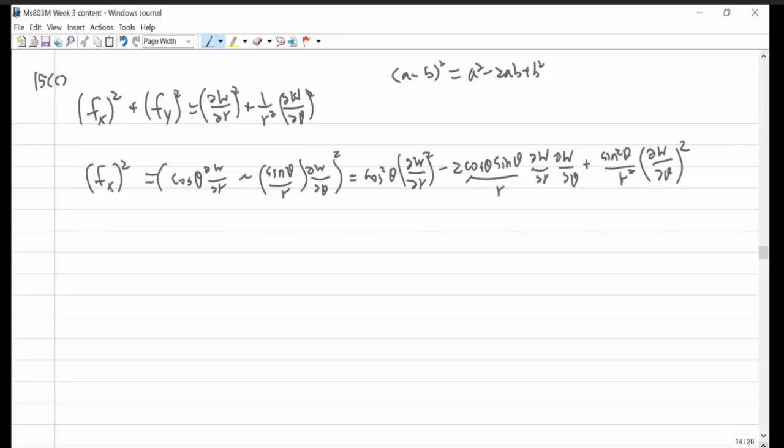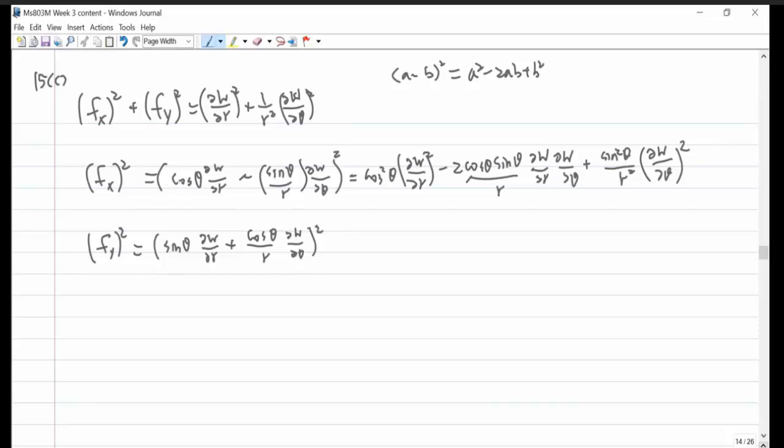So I got this, then I copy the fy again. According to fy, in my answer, fy is sine theta dw dr plus cosine theta over r dw d theta. I want to square it.